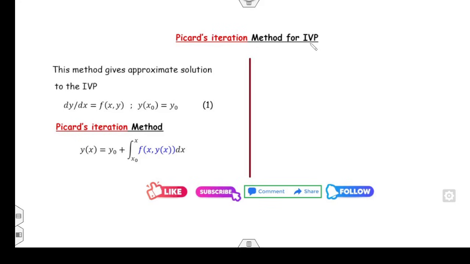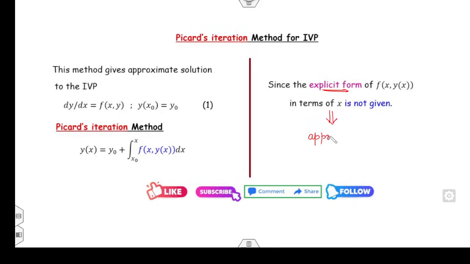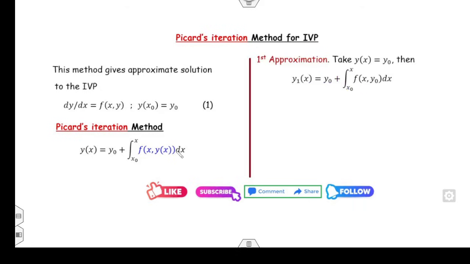As I mentioned, we never know the explicit form of the function, so we will always apply approximate, or iterative, methods. In order to apply the iterative method, we start by substituting y equal to y naught. Then we get the first approximation, y1, which is equal to y naught plus the integration from x naught to x of f of x comma y naught, where f of x comma y is given to us.